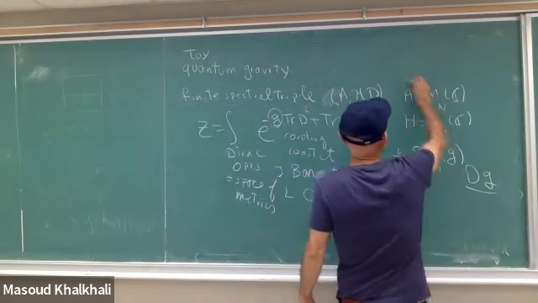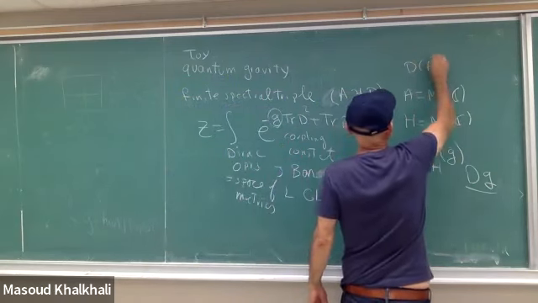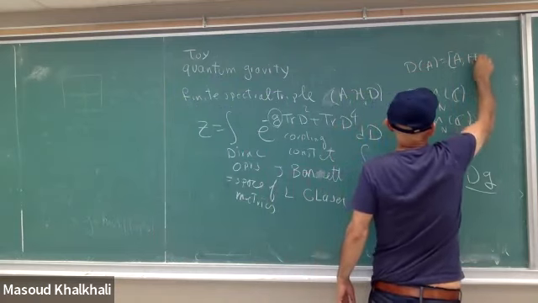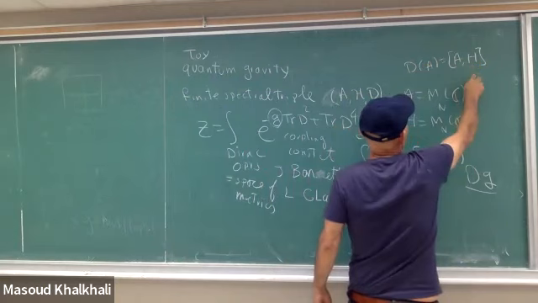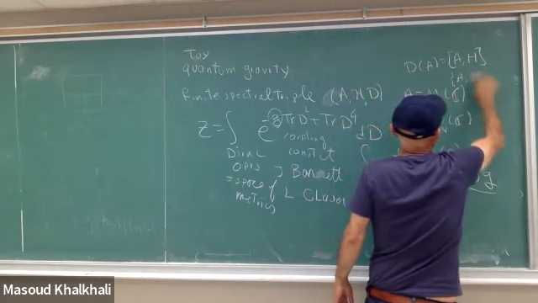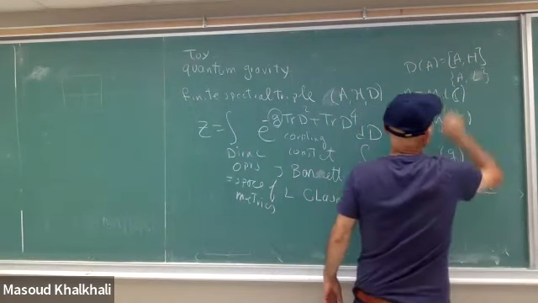For example, this D of A, the Dirac operator, can in some cases be written as a commutator of A with some Hermitian matrix, or an anti-commutator with some anti-Hermitian matrix.